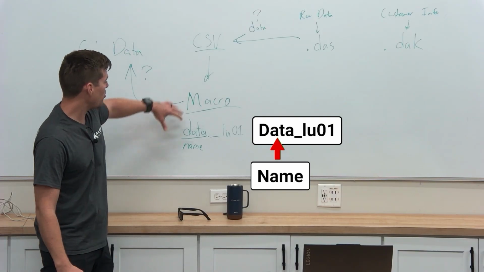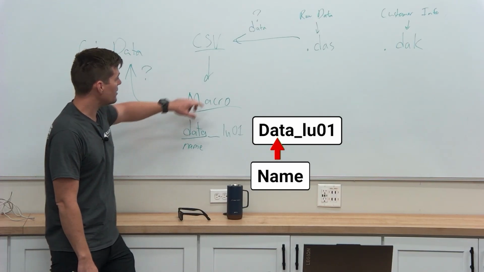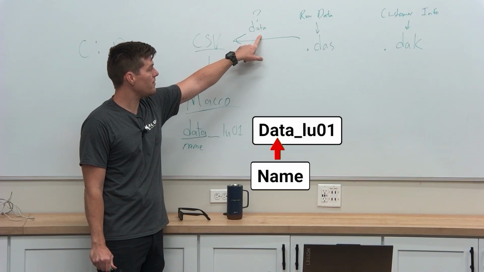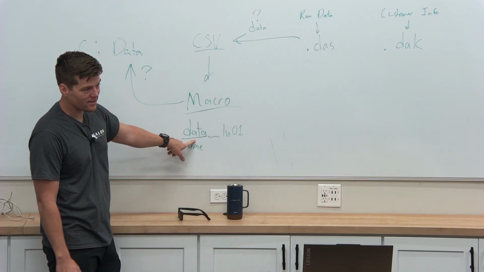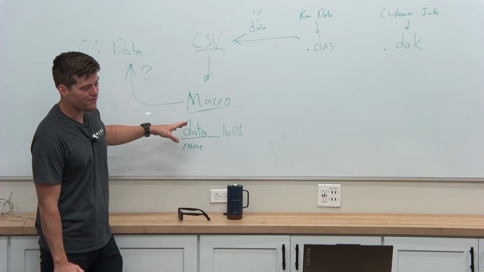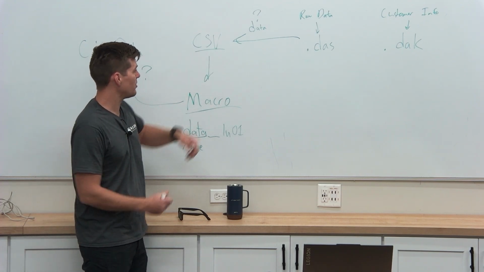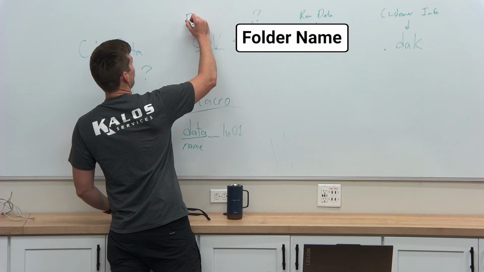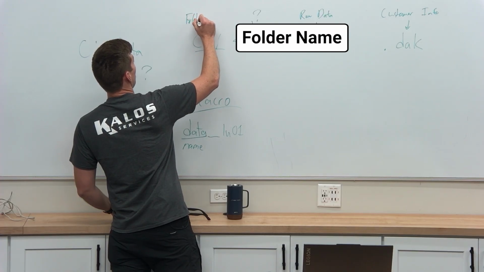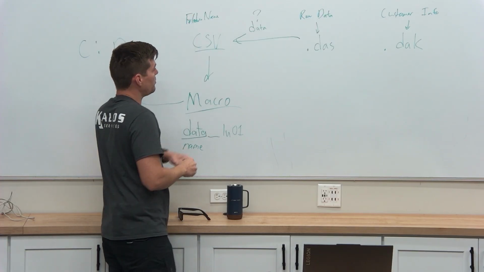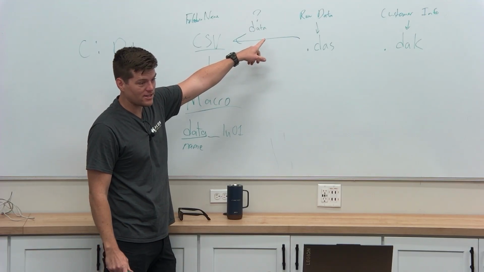So if you're exporting this for a macro, when it asks what do you want to call this, when you go to save it, you want to say data. Now the reason this is going to get really confusing is because when you go to save this, you want to make sure that you put it into a folder that you know basically what it's supposed to be. Otherwise, when you do this 6 times, everything says data.